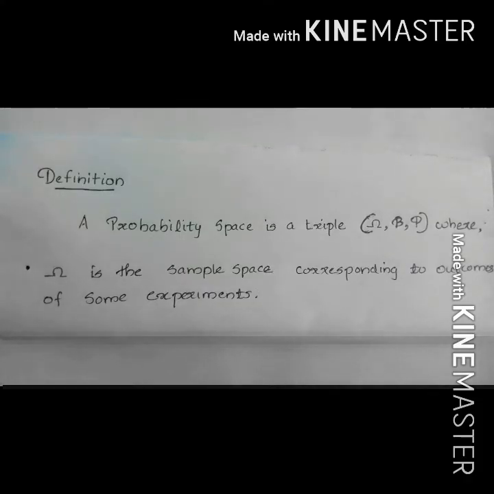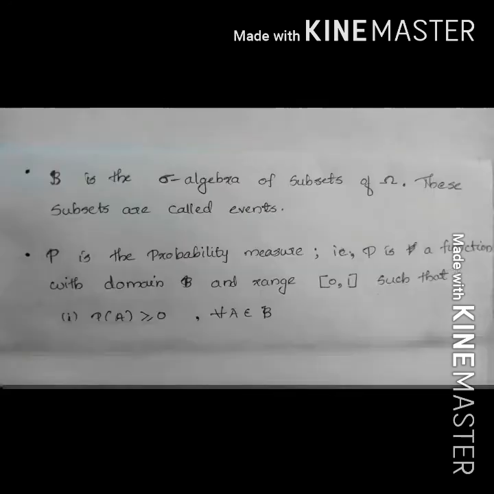A probability space is a triple (Omega, B, P) where Omega is the sample space corresponding to outcomes of some experiment, and B is the sigma algebra of subsets of Omega. These subsets are called events. And P is the probability measure.